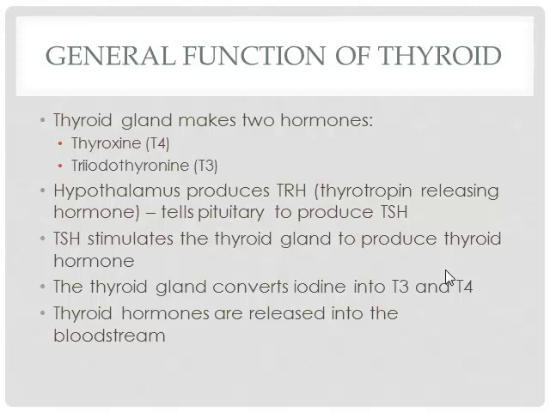That's going to directly go to the pituitary, and it'll stimulate the pituitary to produce thyroid-stimulating hormone. Okay, that thyroid-stimulating hormone will stimulate the thyroid gland, and then it produces T4 and T3. The thyroid gland converts the iodine into T3 and T4, and the thyroid hormone is then released in the bloodstream.